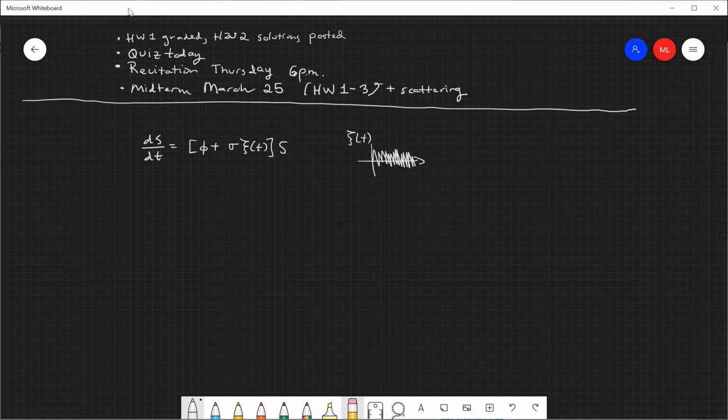The variance around 0 is 1. So when you multiply by sigma, it describes the standard deviation around 0 that this thing fluctuates around. And notice it's a random function in the rate, so the noise here is very significant. It really modifies the behavior of the stock in a dramatic way.